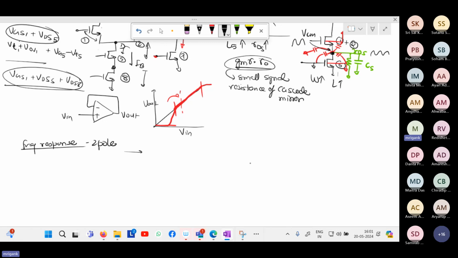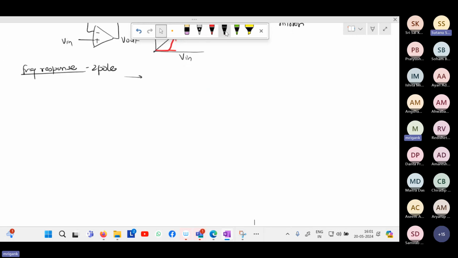How does it appear? What will be the expression of a two-pole system? A naught upon (1 plus S upon P1) times (1 plus S upon P2). So P1 and P2 are the poles. In this case, P1 and P2 will be the two poles of the amplifier we just discussed.